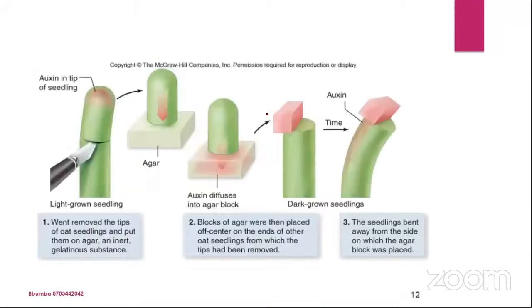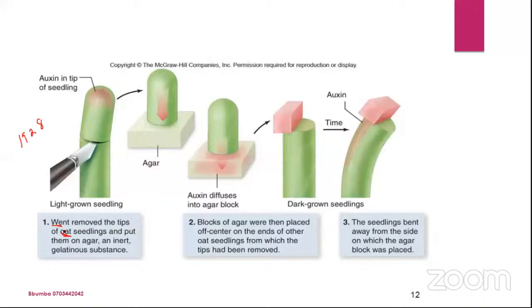So in summary, what happened was that auxin, you can see that this is auxin in the tip of the seedling. They were cut off. It was a person who presented this work in 1928. This is when this experiment removed the tips of oat seedlings. Oats are a kind of cereal which are grown in Europe, just like here we grow sorghum, millet, like that.